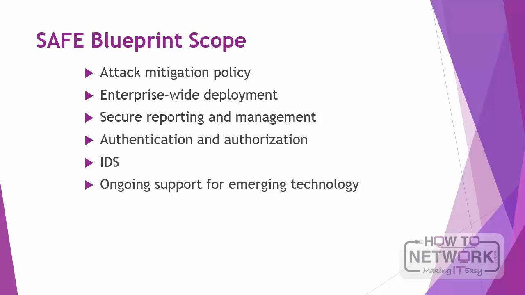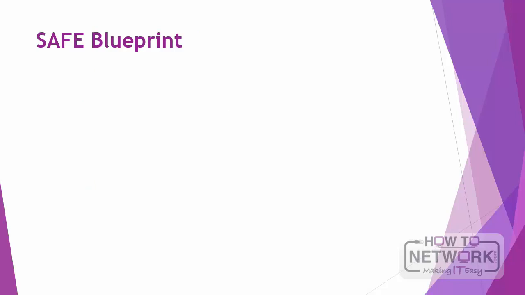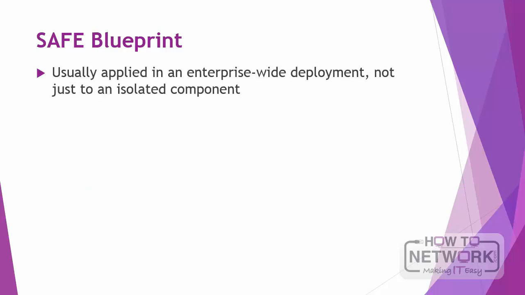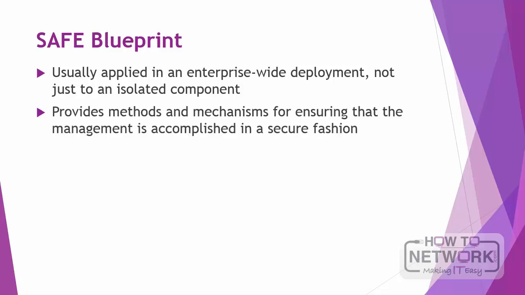The policy for attack mitigation ensures that possible attacks and threats to the organization can be identified and defines the countermeasures that will be used against those attacks. The SAFE blueprint is usually applied in an enterprise-wide deployment, not just to an isolated component. It also provides methods and mechanisms for ensuring that the reporting, management, and auditing are accomplished in a secure fashion.